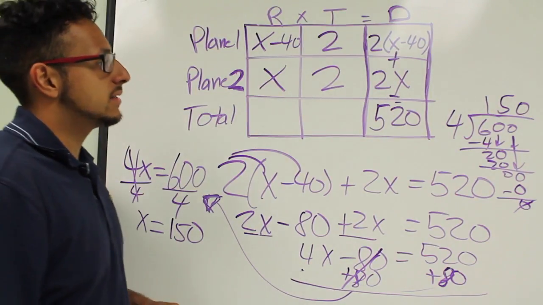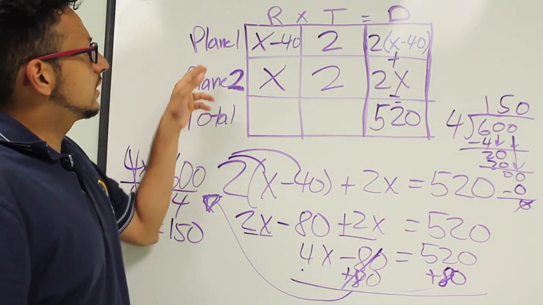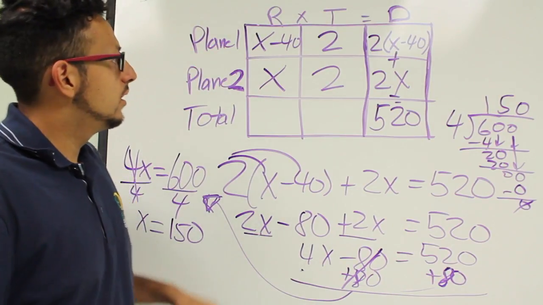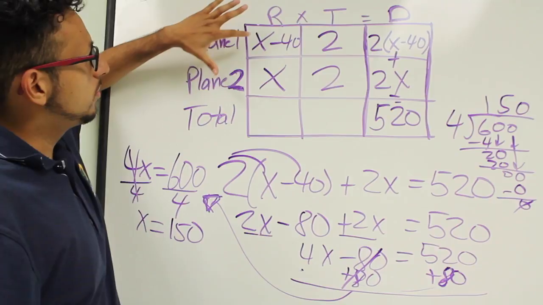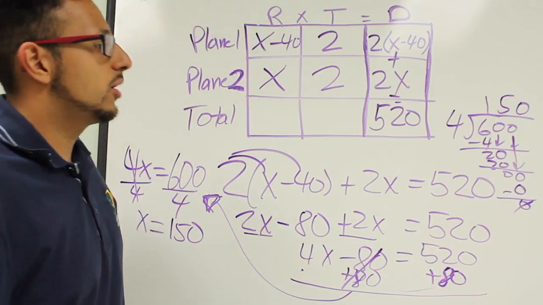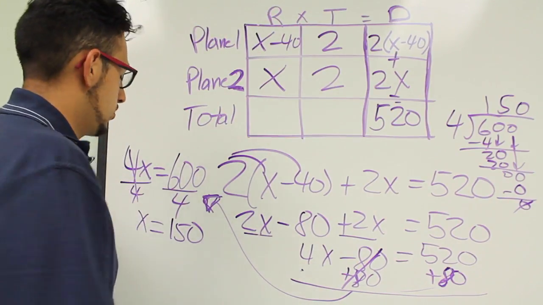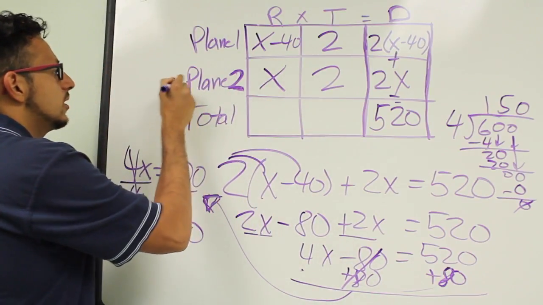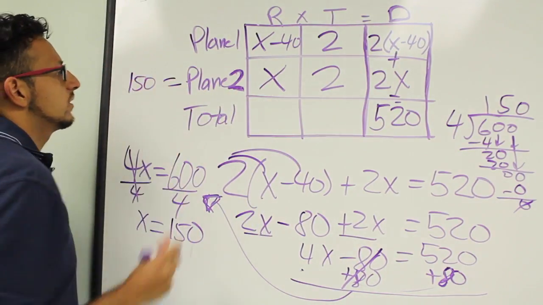But the question asks how fast is the slower plane, the rate of the slower plane. The slower plane is plane 1 because this is x minus 40, it's 40 miles slower. So x is 150, so we know that plane 2 is equal to 150.